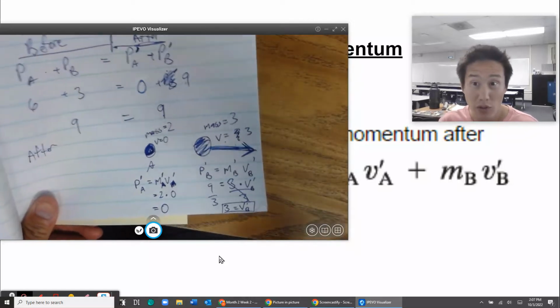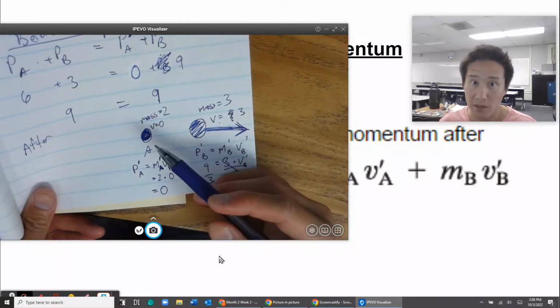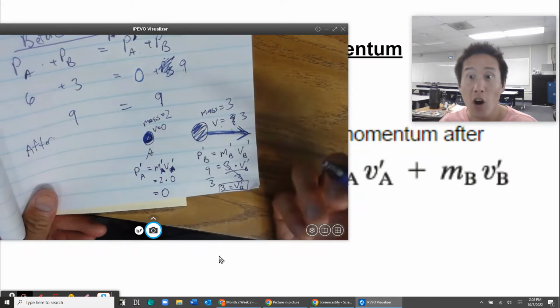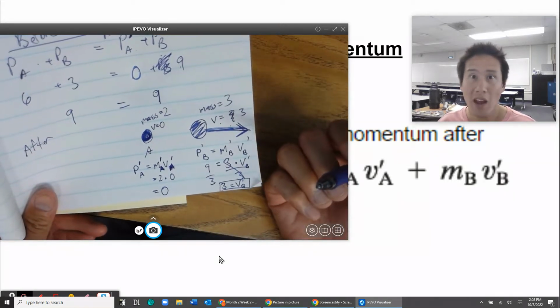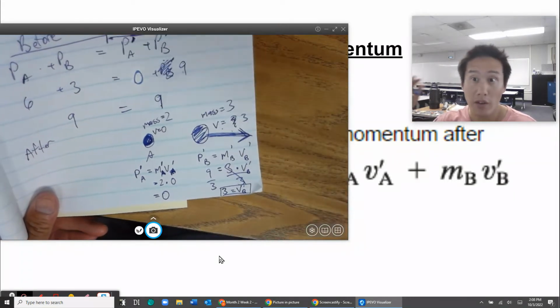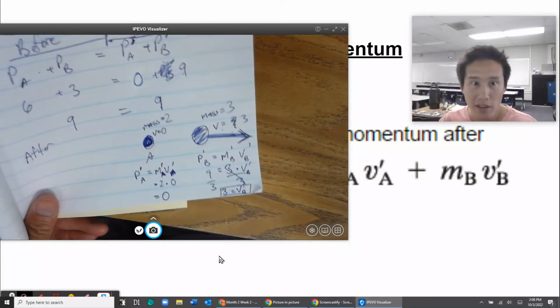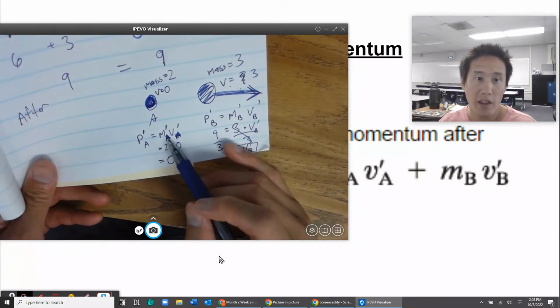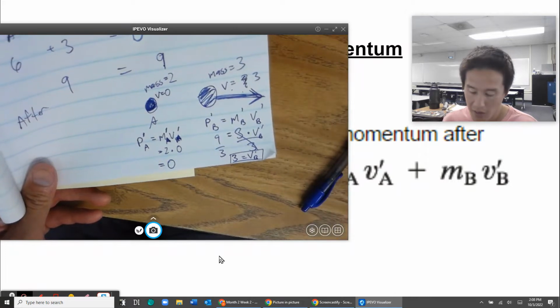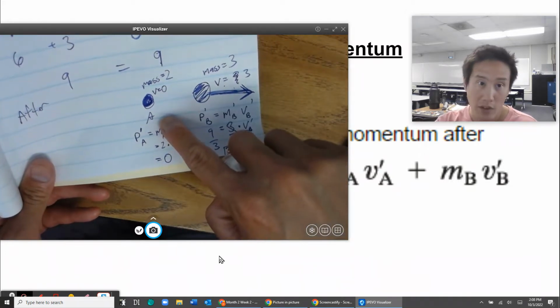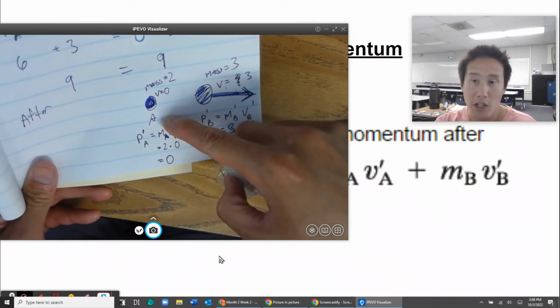Does the mass of that ball change? No, even a car before and after a crash, its mass is roughly the same. Even if you lose some parts in the air and whatnot, it's roughly the same. So that's why this MA doesn't require that apostrophe, because the mass never changes.